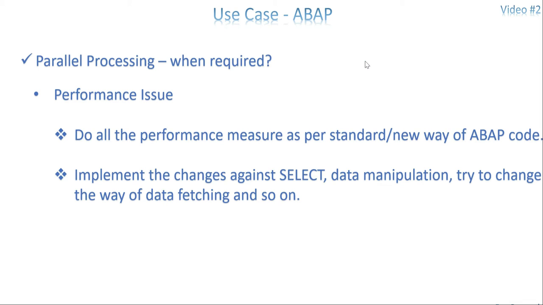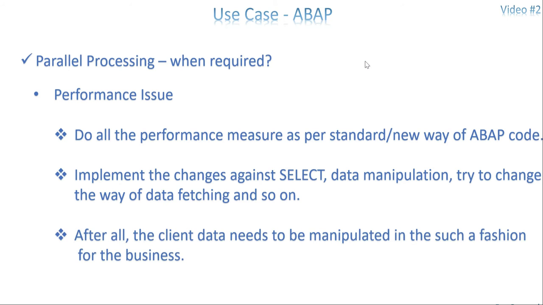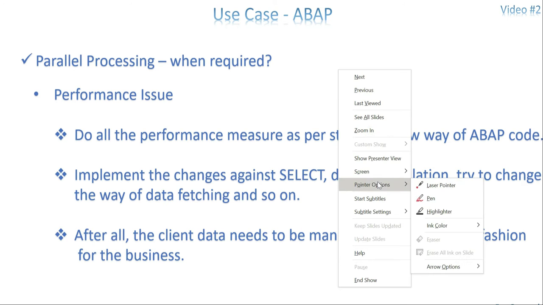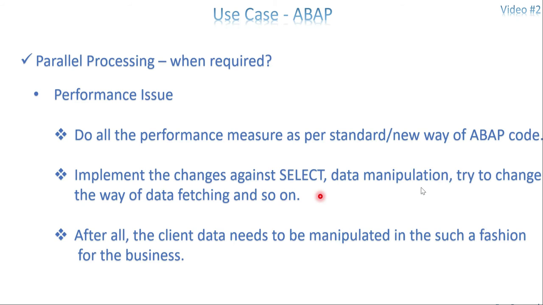So instead of going directly to parallel processing, modify the existing program with the actual performance measures. Then, if more performance is still needed, we go with the parallel processing concept.